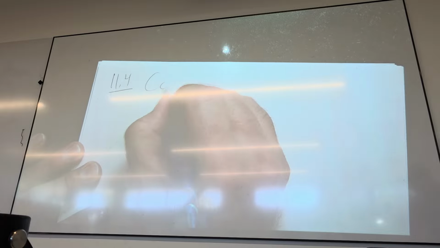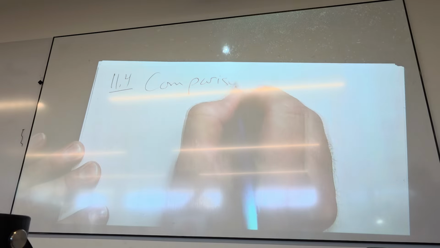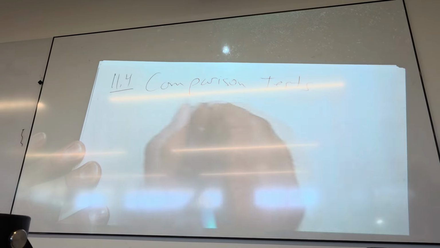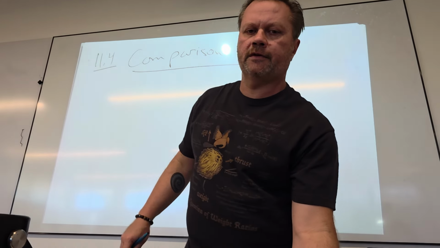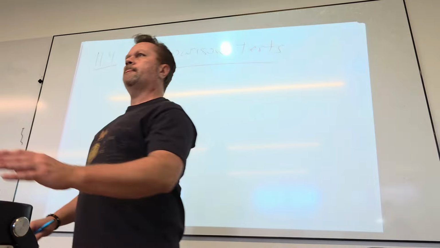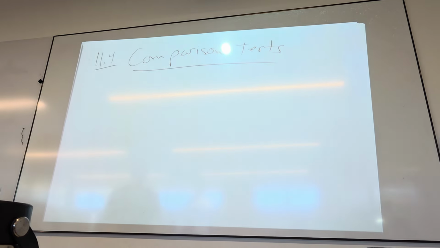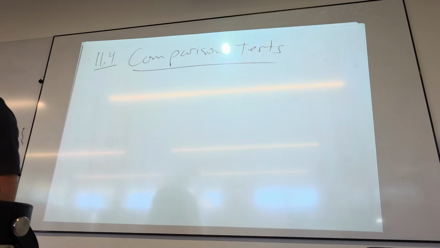So last time, if there are no other questions, we started getting to 11.4, which is the comparison tests. There's a certain skill you have to be able to apply with these ideas. I talked about it at a very high conceptual level, with no details.